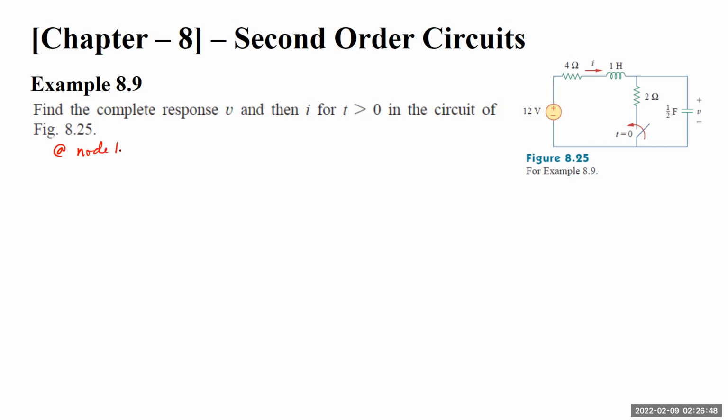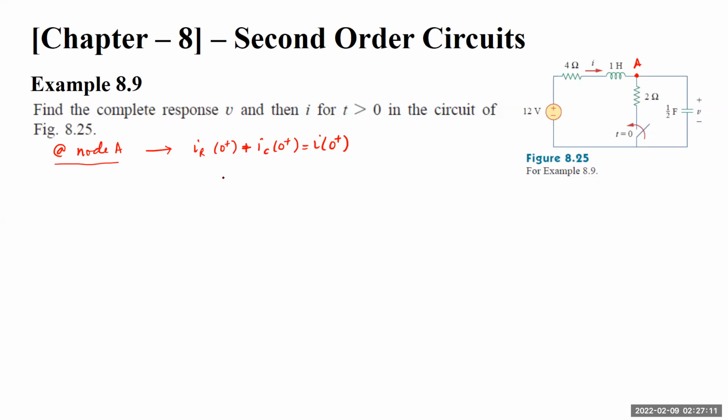I'm redrawing it: at node A, we get IR(0+) plus IC(0+) equals I(0+). This is how the equation will look.